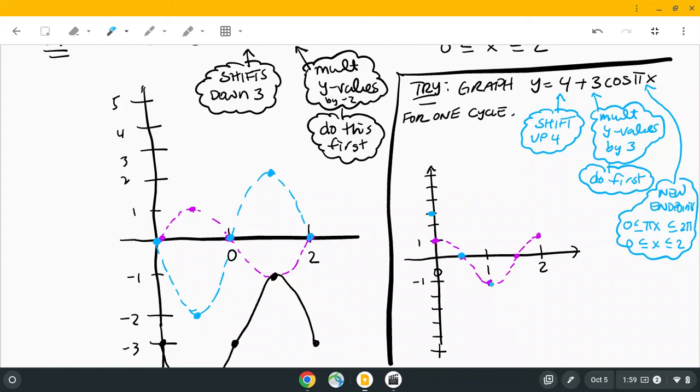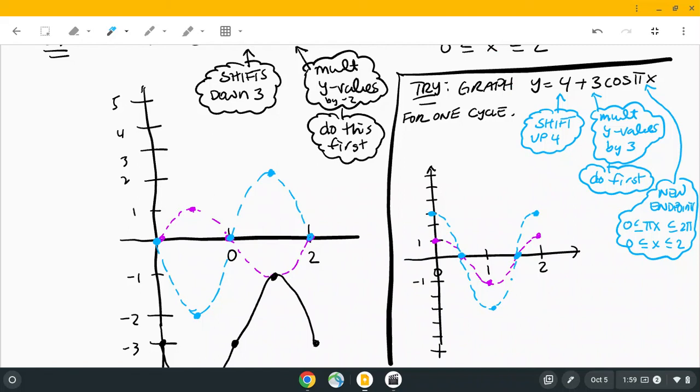Negative 1 times 3 is negative 3. 0 times 3 is 0. And 1 times 3 is 3. So we see that multiplying by 3 stretches the graph. Now we're going to have to shift up 4.